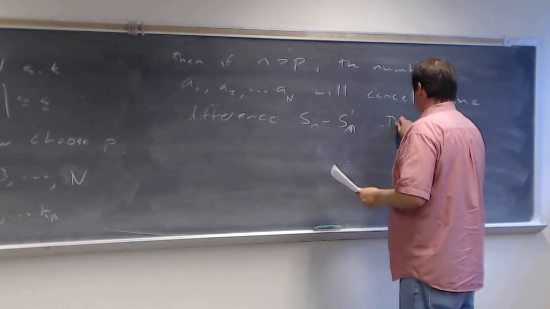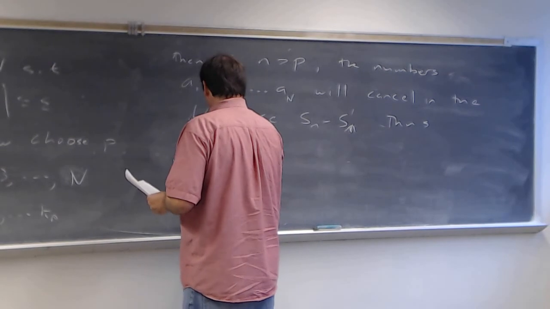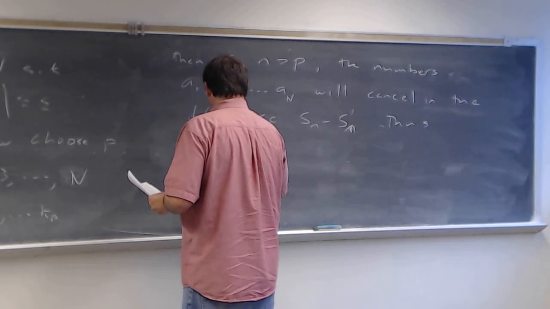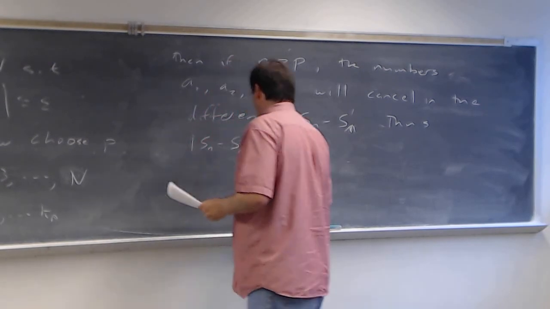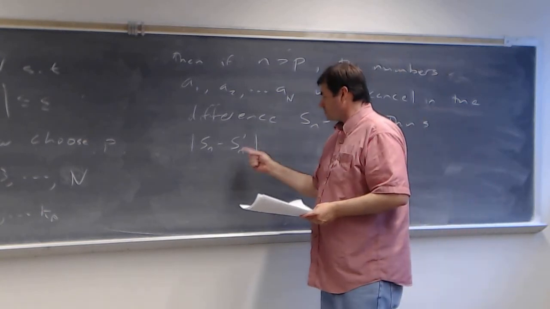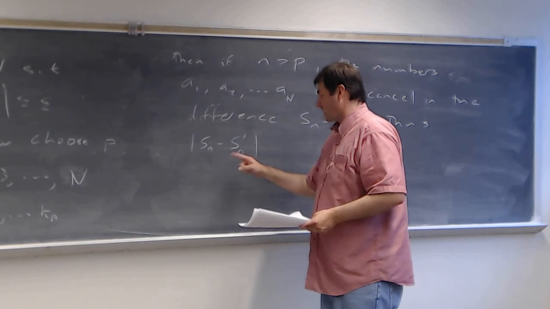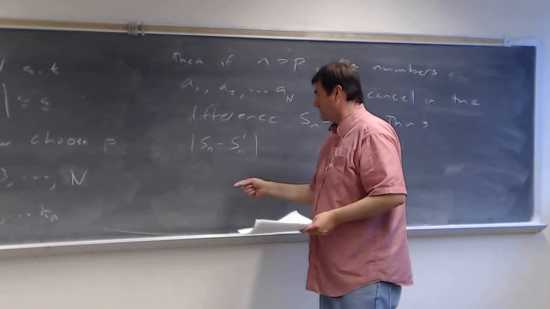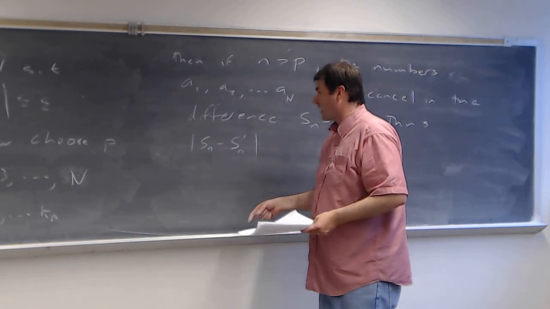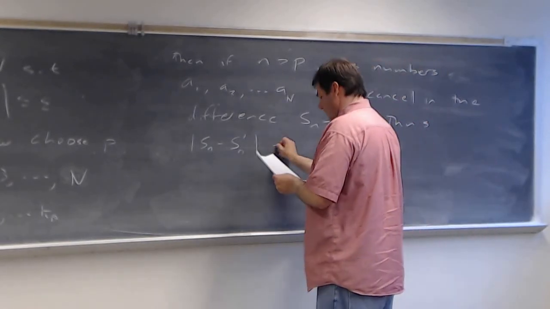Thus, if you look at S of n minus S of n prime, the terms that are going to be added up in here are going to have indices for the a's, not a prime, but the a sub k's, where the k's are going to be bigger than n. And so I'll write this down here.